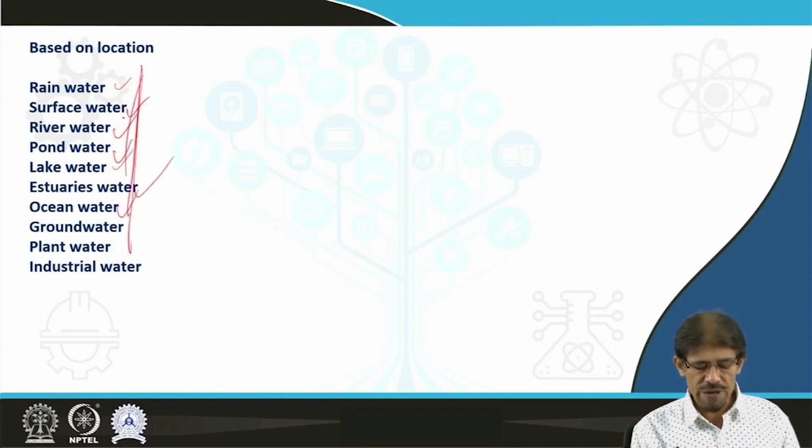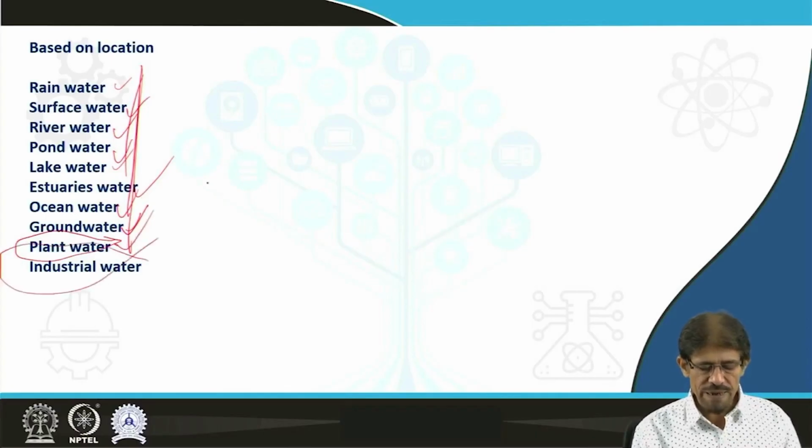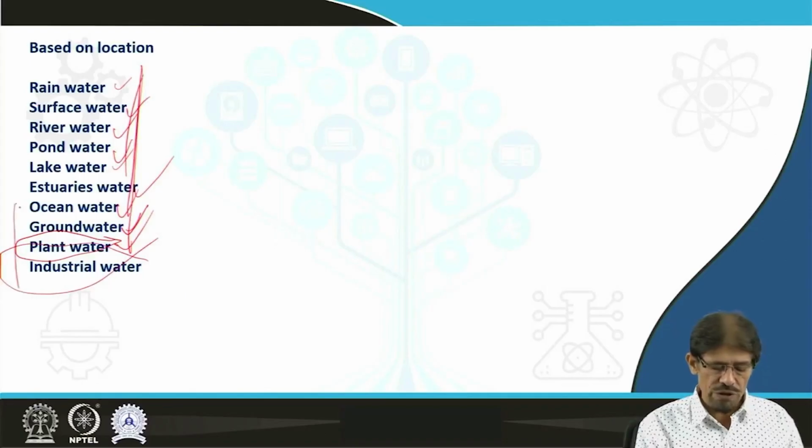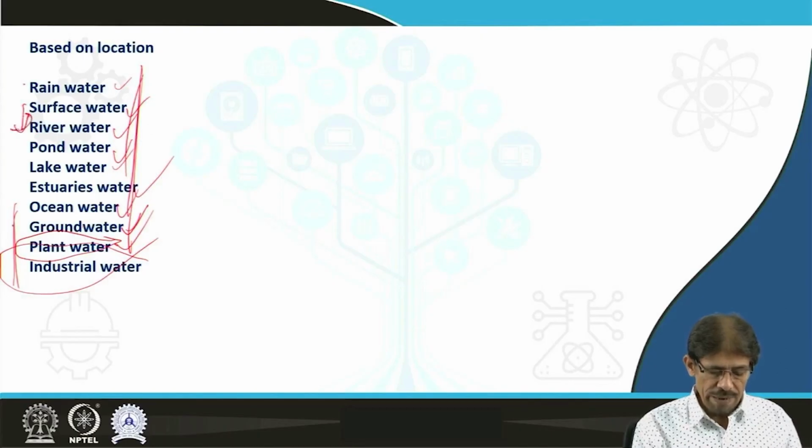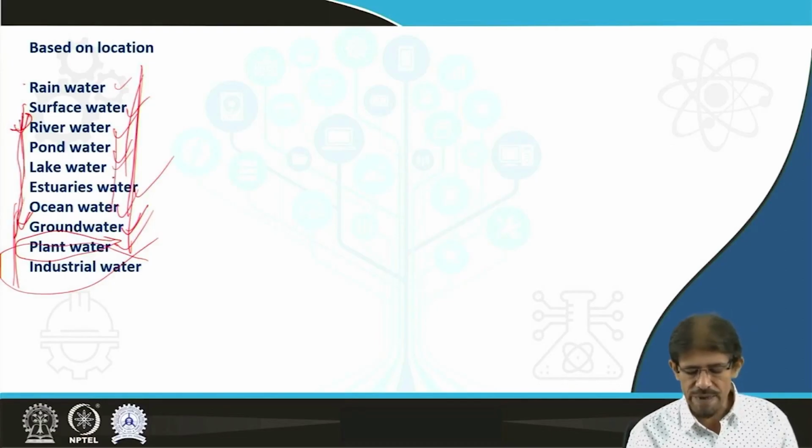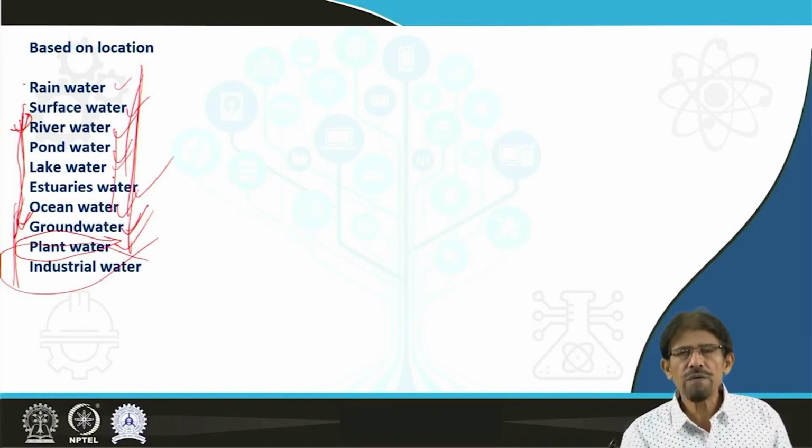These are on surface, and then the groundwater, subsurface, then the water present in plant surface, then industrial, domestic and other. So we are not going to discuss these things. We have already discussed surface water, particularly river and particularly groundwater. We are going to elaborate in big manner, and other water we will discuss time to time in our future classes.